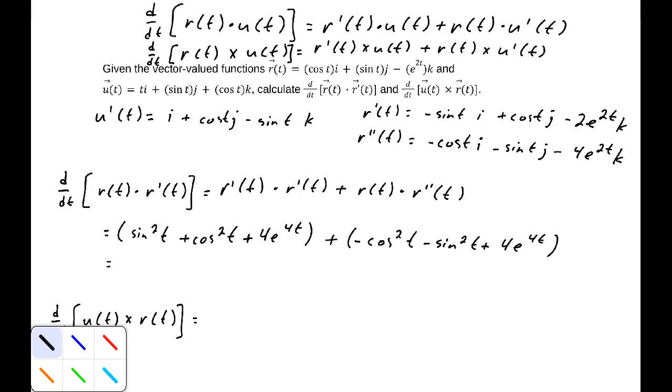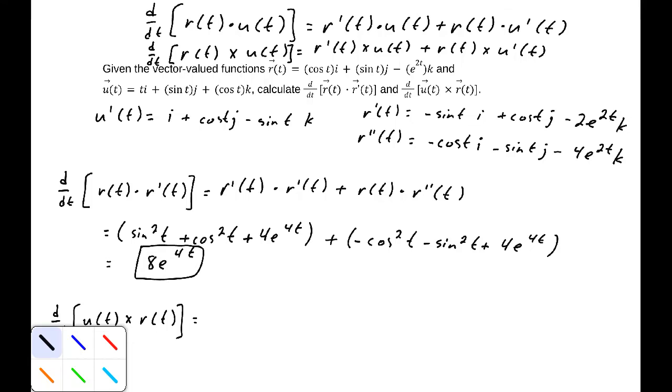Now, remembering that sine squared plus cosine squared is equal to 1, and negative cosine squared t minus sine squared t would be equal to negative 1, we can combine terms so that this is equal to 8e to the 4t. So the derivative with respect to t of r of t dotted with r prime of t is equal to 8e to the 4t.